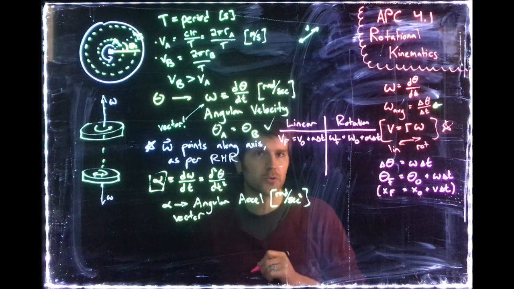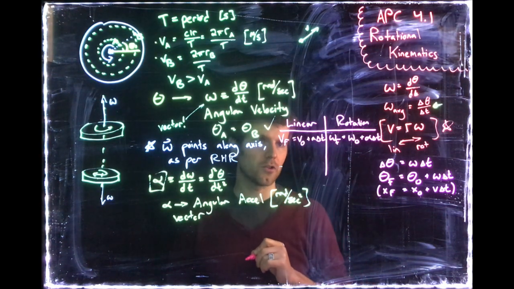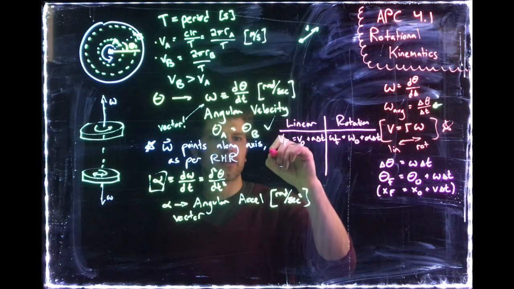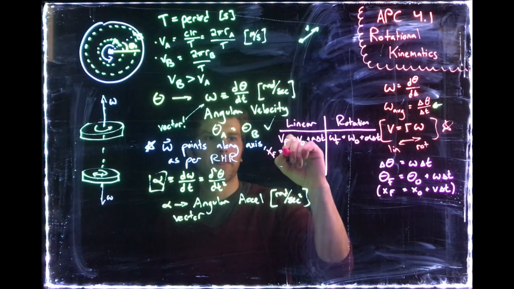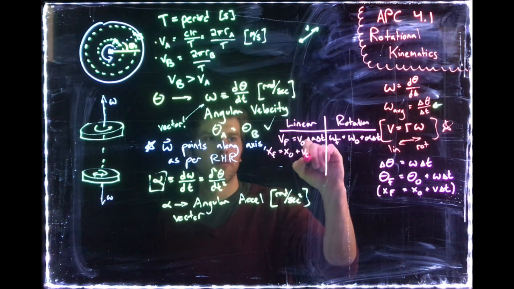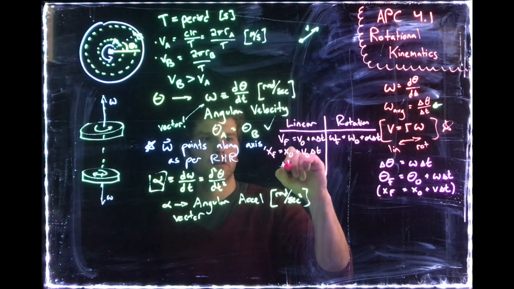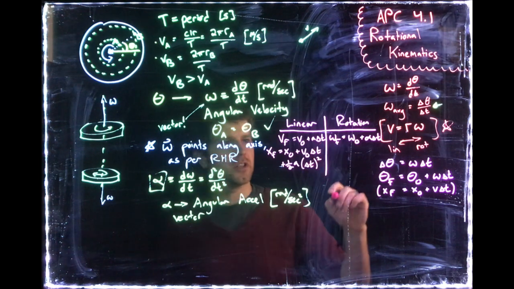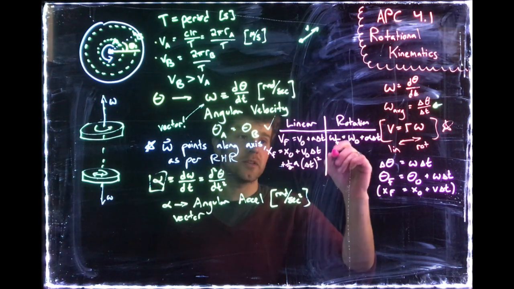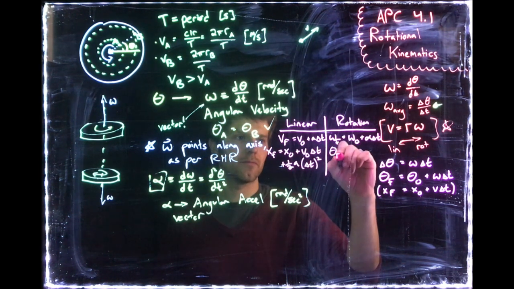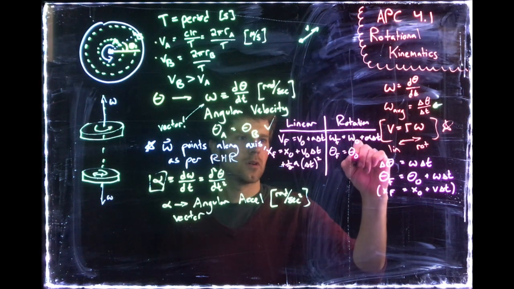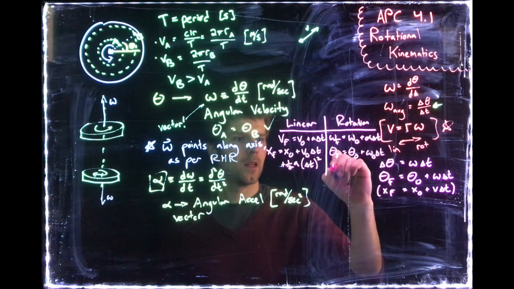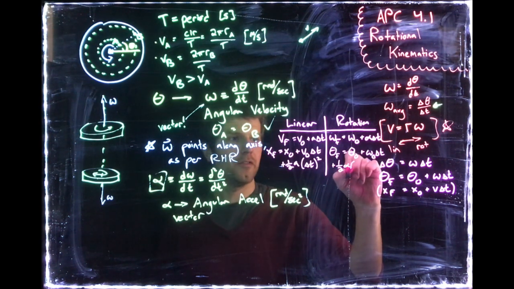It's the same equation, just with all of our linear velocities and accelerations replaced with rotational ones. Instead of our second kinematics equation, x final equals x initial plus v0 delta t plus 1/2 a delta t squared, we use angular position: theta final equals theta initial plus omega 0 delta t plus 1/2 alpha delta t squared.